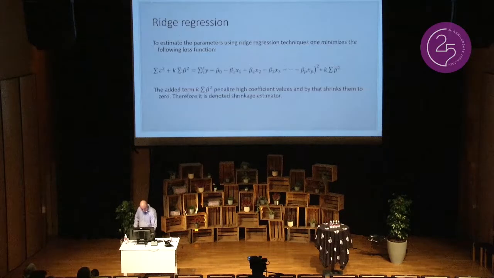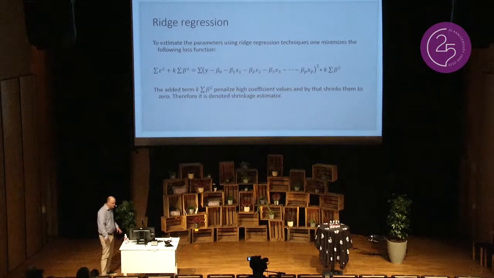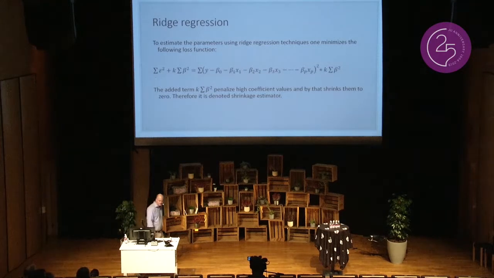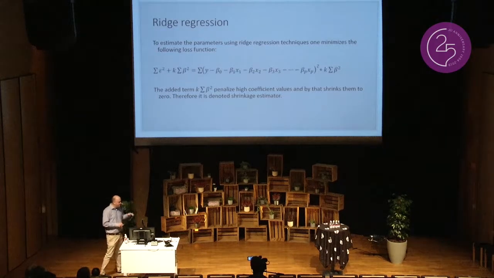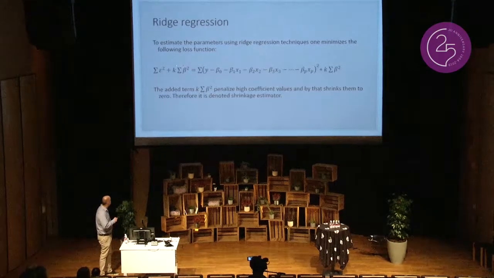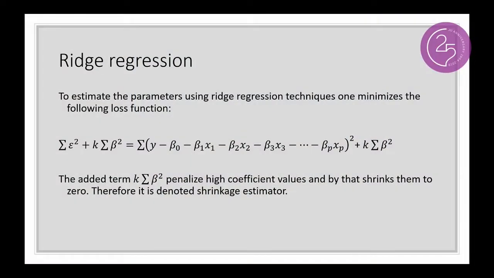And to estimate the parameters using ridge regression techniques, one minimizes a different loss function. We still have the same loss function, the sum of epsilon raised to the power 2. This is still what we want to minimize, the errors. We still want to have as low error as possible, but we introduce some bias by having k times the sum of beta raised to the power 2, which penalizes high coefficient values, and by that shrinks them to 0.